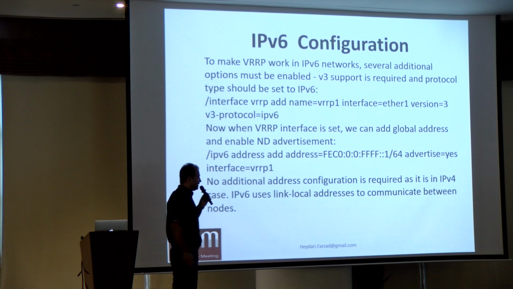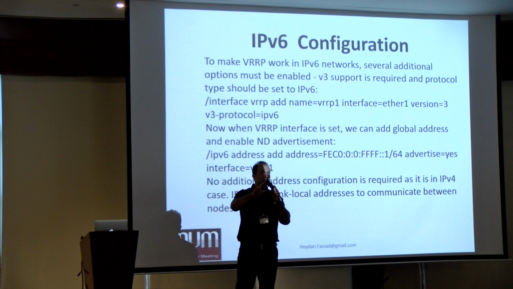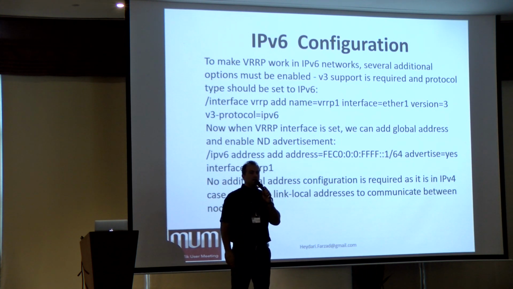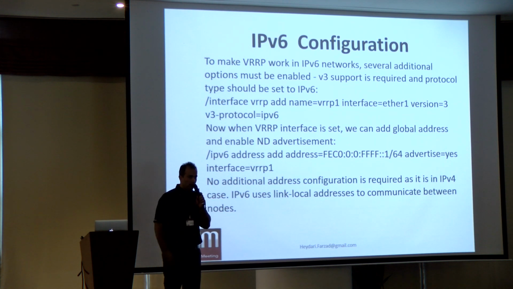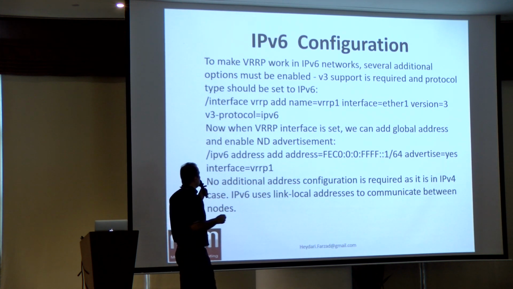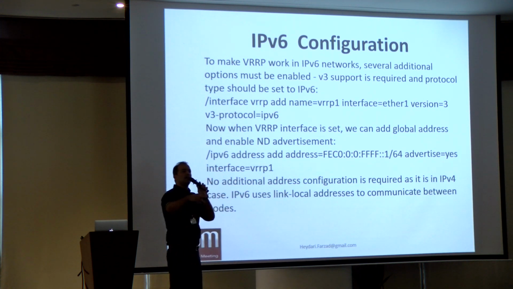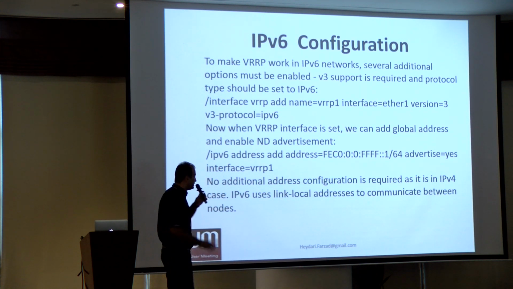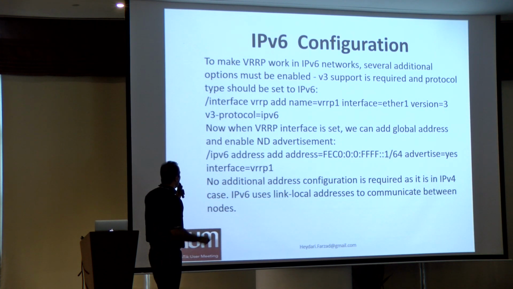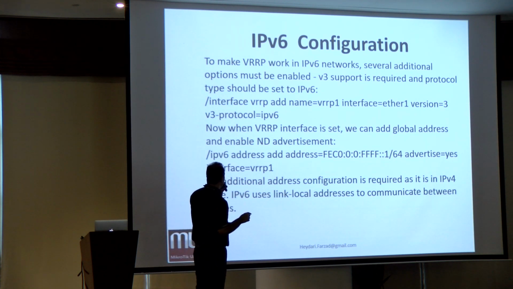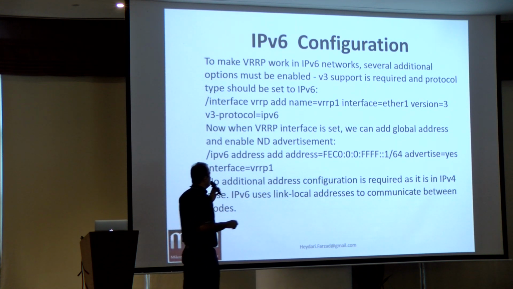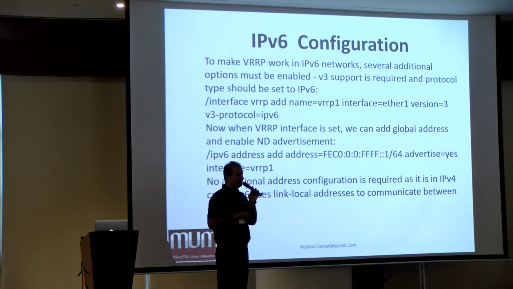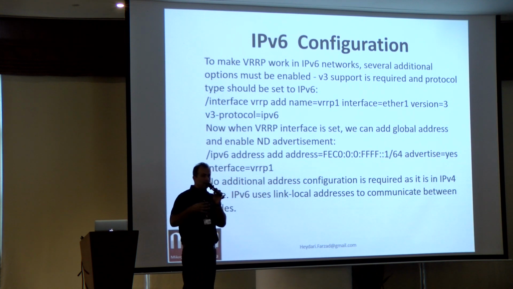Another thing is that we have two different versions of VRRP. Version 2 is for IPv4. Version 3 is for IPv6. The configuration of IPv6 is the same as IPv4. Don't worry, it is quite easy. For the IPv6 configuration of VRRP, you go to the Interface tab, VRRP, and add a name, whatever you want. You have to choose the Ethernet interface that you want to be in the group.